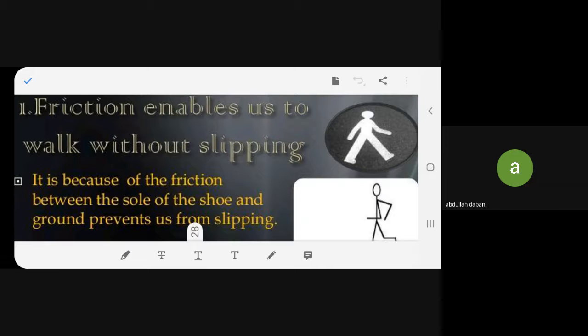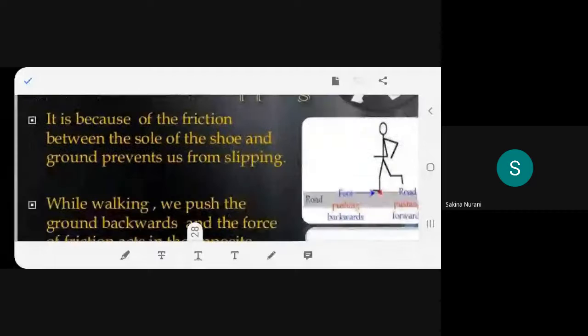Sometimes it gets very thin, and sometimes you can get holes in the shoe. You understand? Holes in the shoe when it gets worn out are only due to friction. Got it? Girls, you understood? Yes, ma'am.